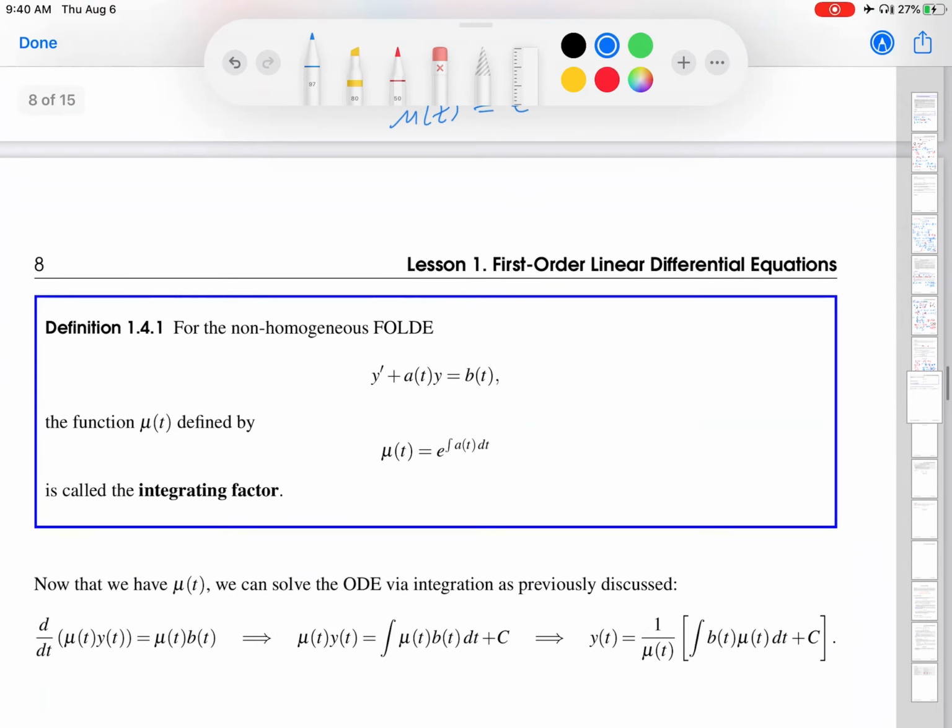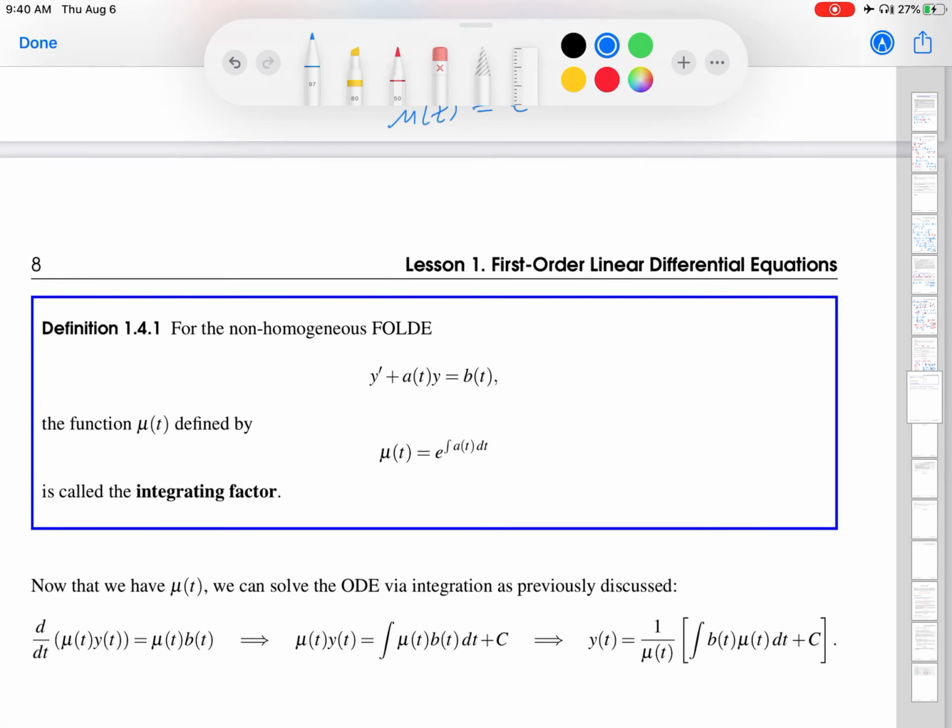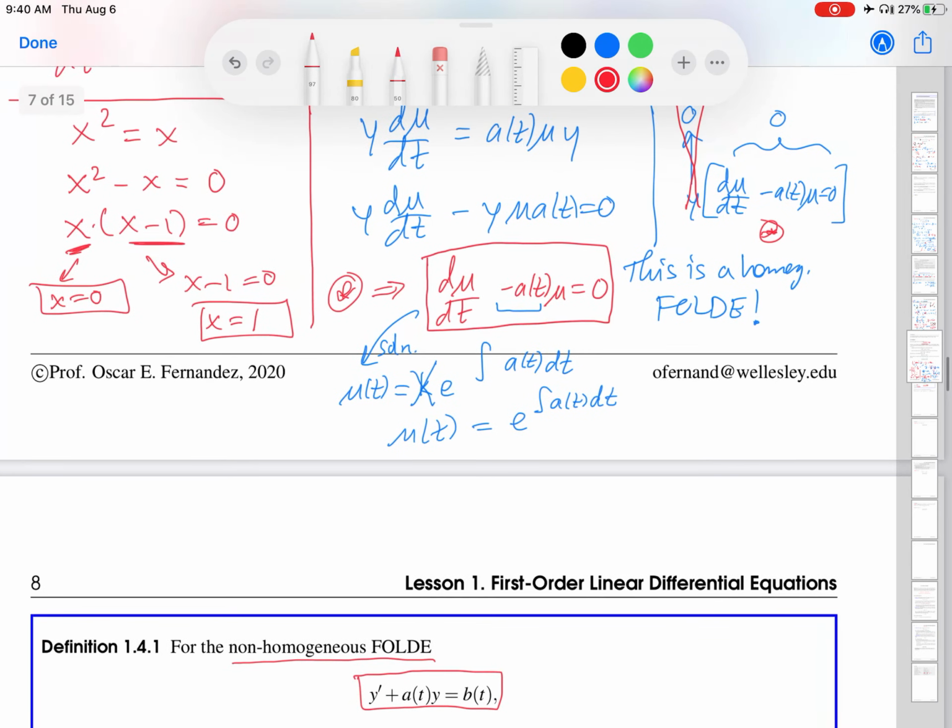That is why, scrolling down a little bit here, we see this definition. So if I want to solve a non-homogeneous first-order linear ODE, it looks like that. The function mu defined by this is the integrating factor, right? So that's where this particular form comes from, all of the work that we just did to get us to this final form for mu.